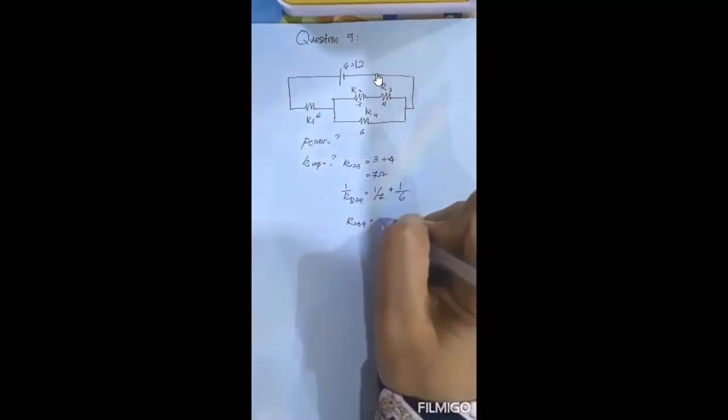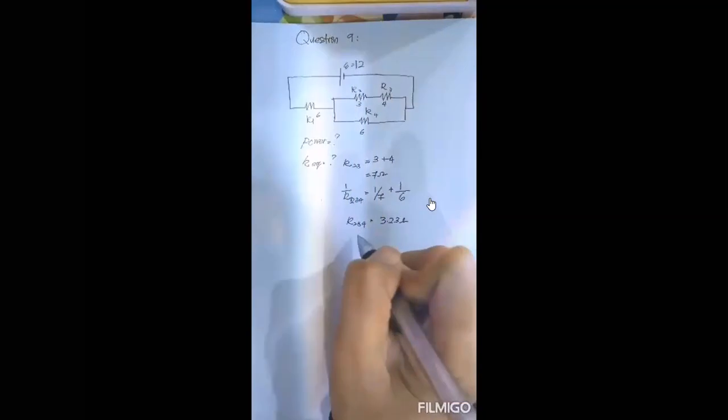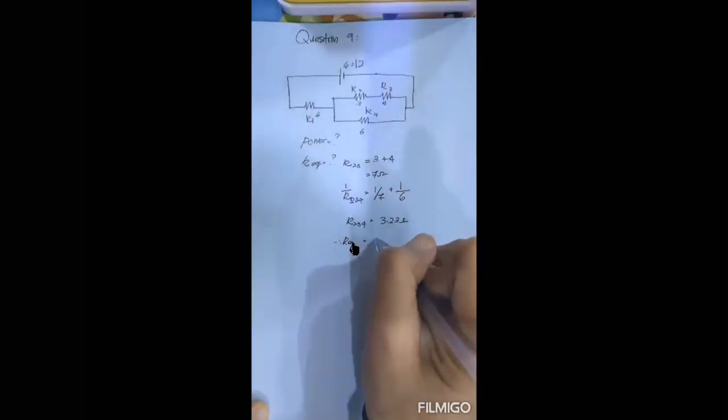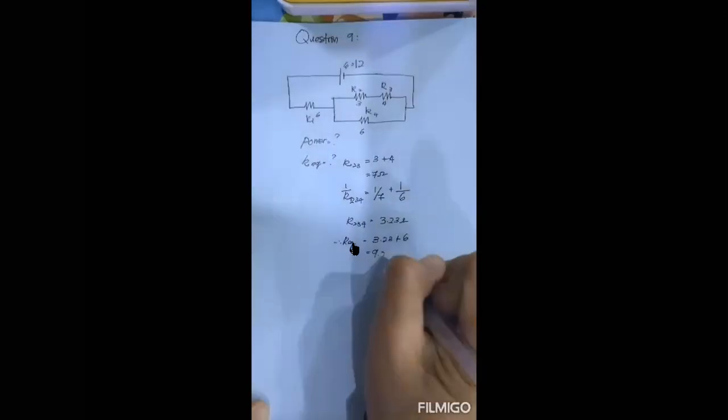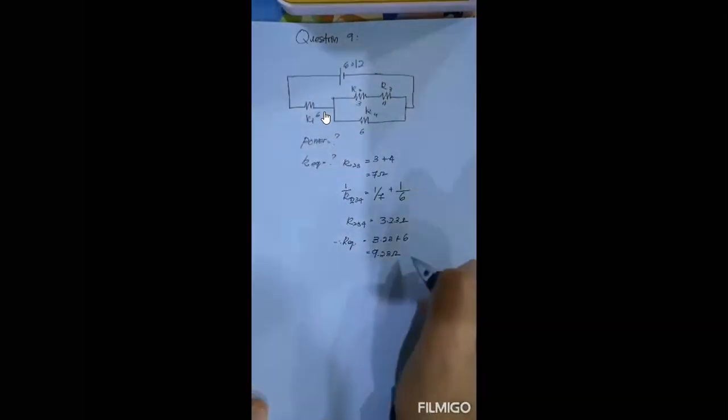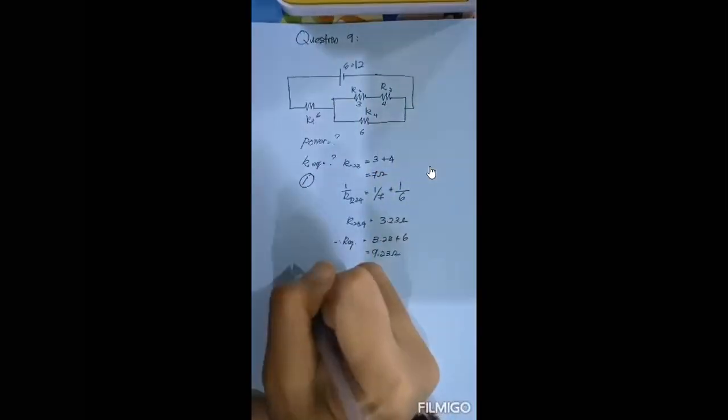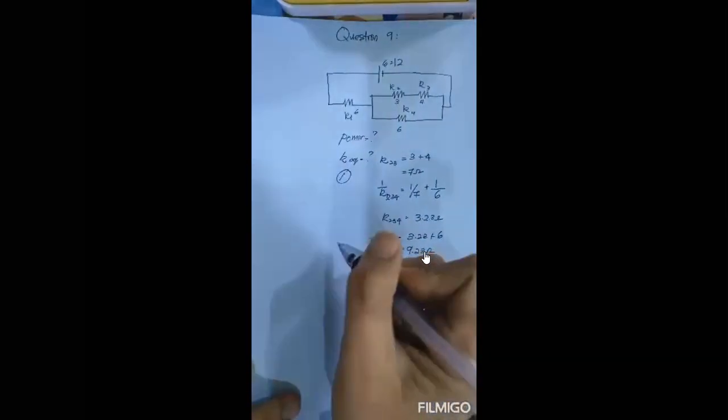Then it connects with R4 in a parallel connection, so solve using the formula for parallel connection. Next, to find the total resistance in your circuit, the R equivalent connects in series with R1. So you get 9.23 ohm.